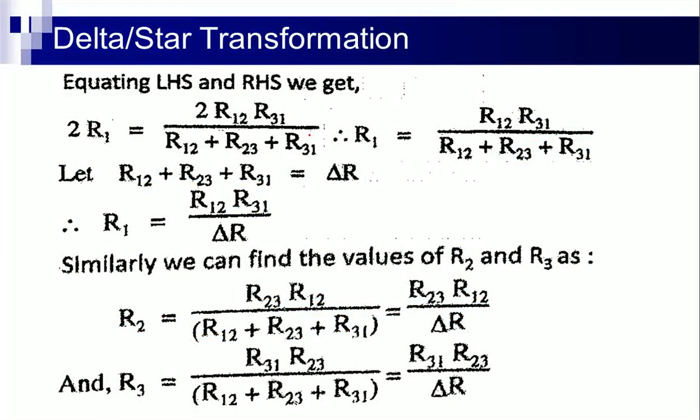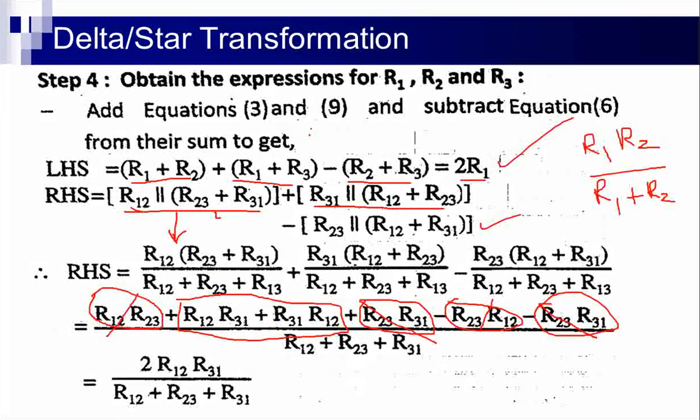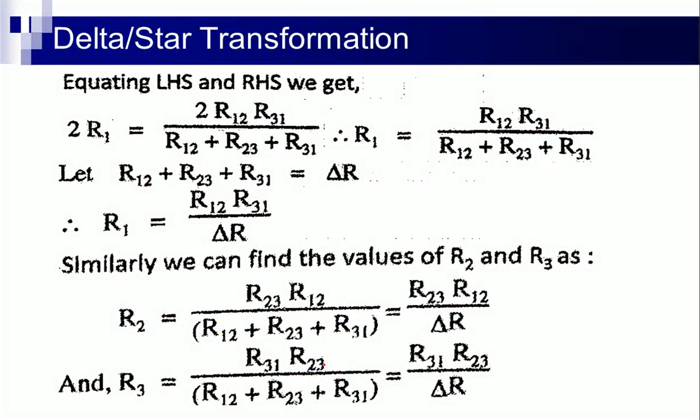Then now we have to equate the left hand side and right hand side. Put this as equation number 10 and this as equation number 11. So equating equations 10 and 11, I can write 2R1 is equal to this one.